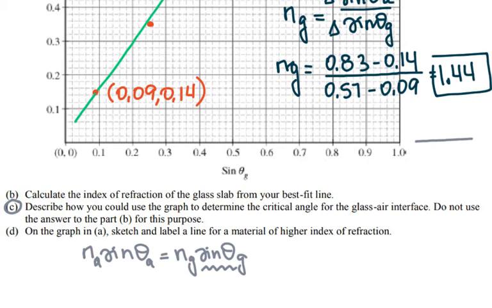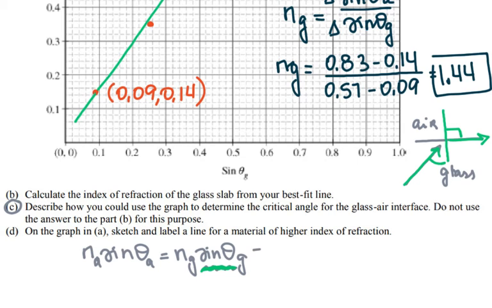So if this is your surface and the light is coming out of the glass into the air, here is air, this is glass, then the incident angle is theta G, but your refracted angle is 90 degrees. Under these conditions, sine theta A becomes 1.